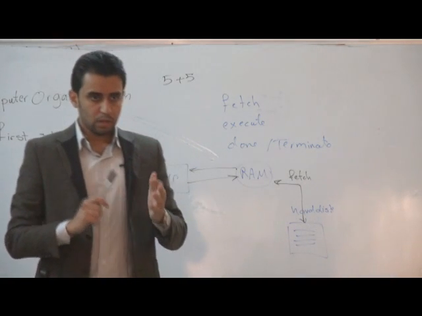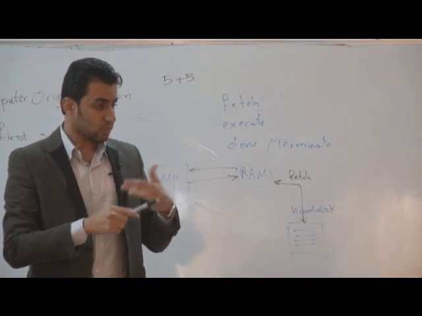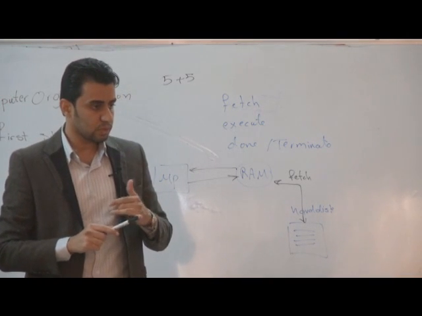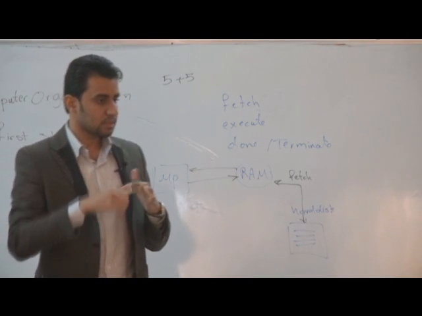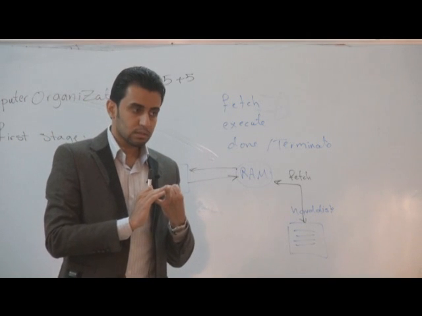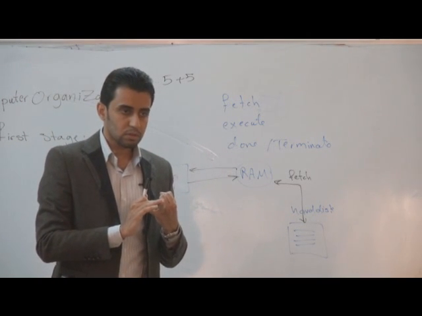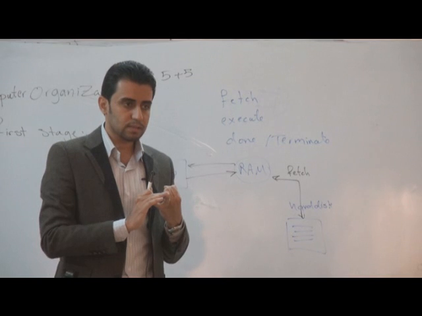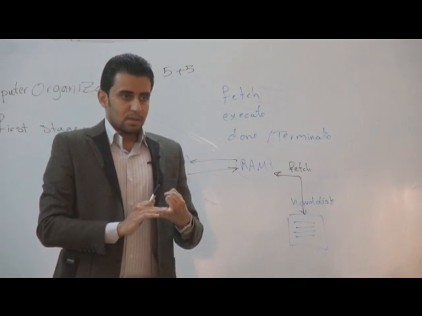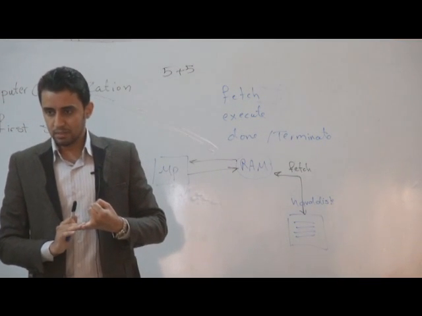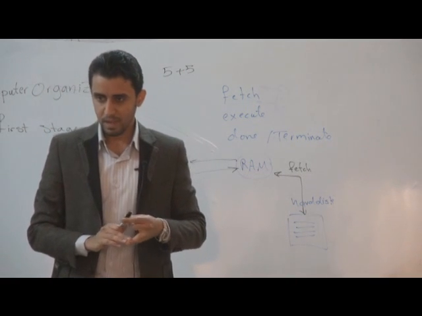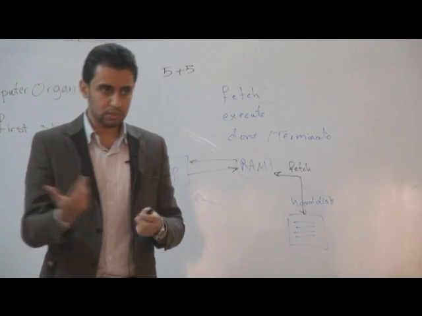So now we have the microprocessor, the brain of the computer. RAM is the second type of, what type of storage device? What type of storage device is RAM? Okay, it saves, but what type of storage device?